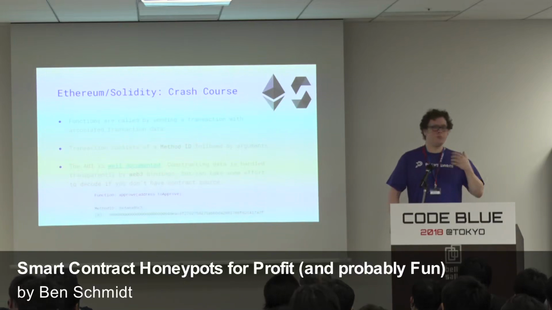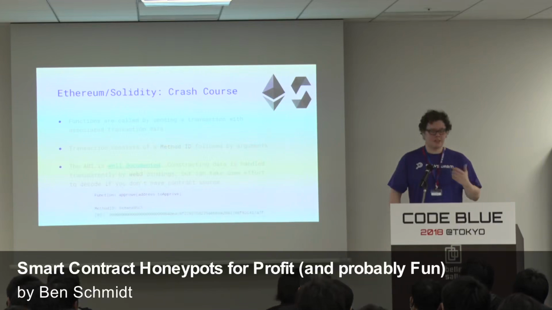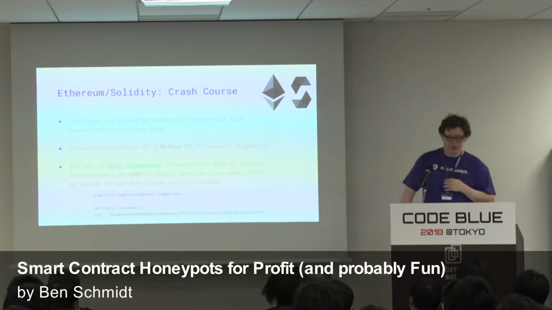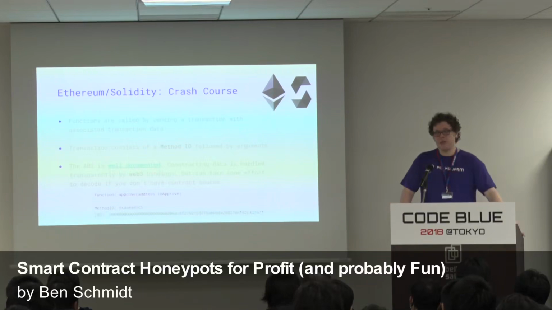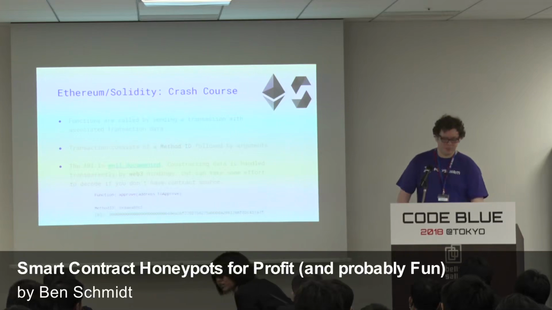So you'll put in a number, or you'll put in some string that you want to be stored or processed by the contract, and it'll be executed. Now, constructing data is handled transparently by Web3 bindings in most cases, but if you don't have contract source, it can be a little bit tricky to figure out what the original arguments were.